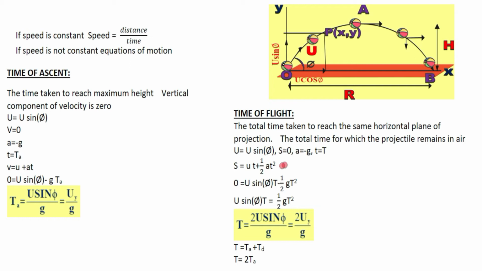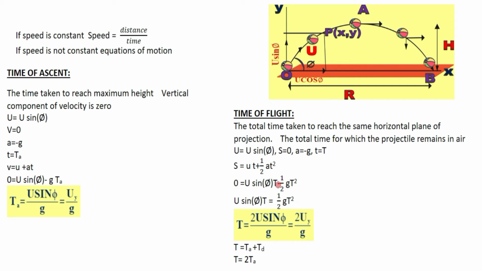Now I am using the formula S equals ut plus half at square, where S is the vertical displacement during the time of flight, which is 0. U is the initial vertical velocity, that is u sin phi. T is the time of flight. A is minus g, and t is t square. Now when I substitute all this, what will I get? 0 is equal to u sin phi into T minus half g t square.